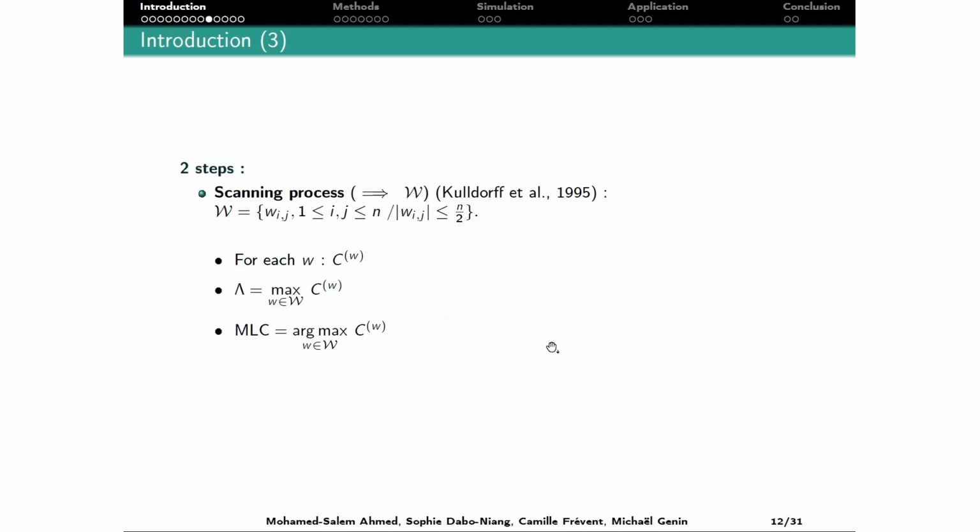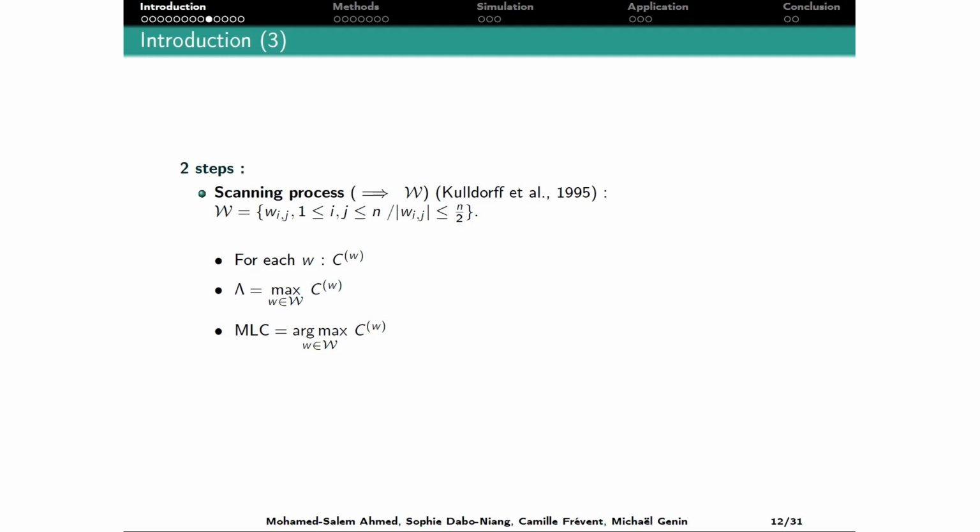So first step, we scan all the region. And second step, we look at a concentration index, or statistical test if you want, that I call C_W, over the potential clusters. And then we look, among all the potential clusters W, for the cluster that maximizes the concentration index.